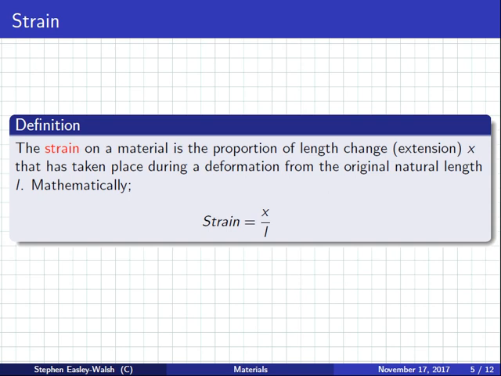What unit is strain? Strain is the proportion, okay, if you want. Strain is the extension divided by the natural length.